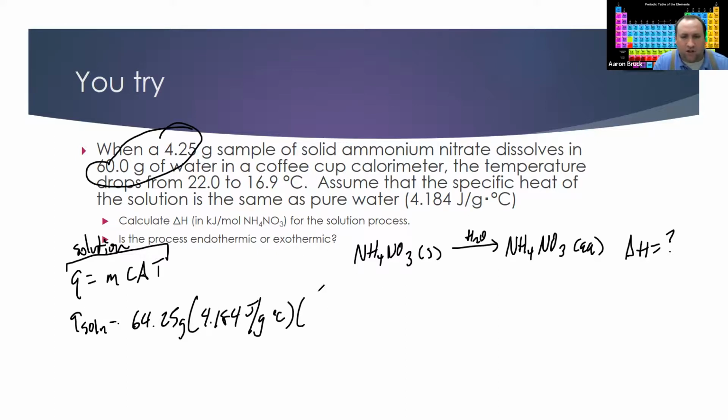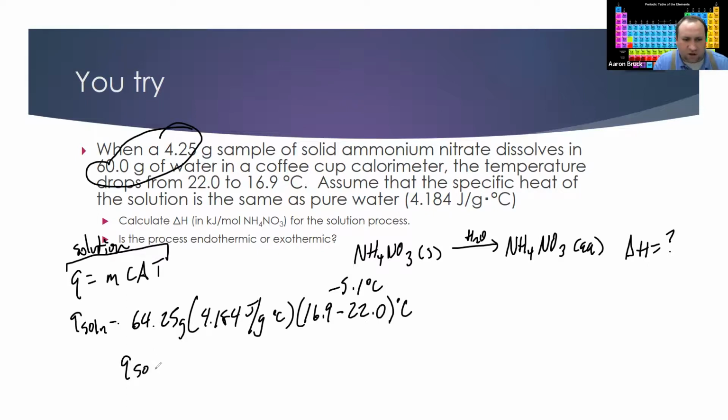And our temperature change: our initial is 22.0 degrees Celsius, and our final is 16.9. If I do that subtraction, 16.9 minus 22, I would get a negative 5.1 degrees Celsius.